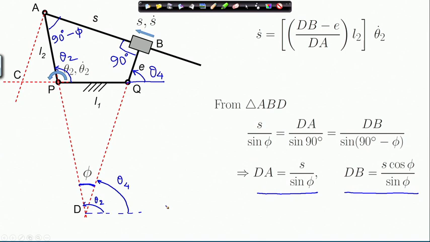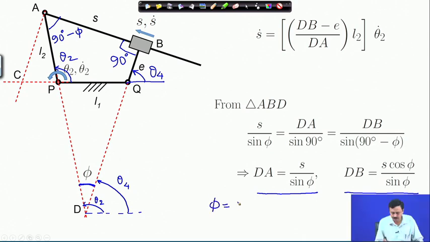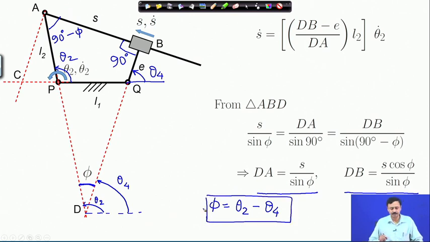So, therefore, there is a relation between phi, theta 2 and theta 4. In this case, it turns out that phi is equal to theta 2 minus theta 4. So, you can relate phi using theta 2 and theta 4, which we can find from the displacement analysis.